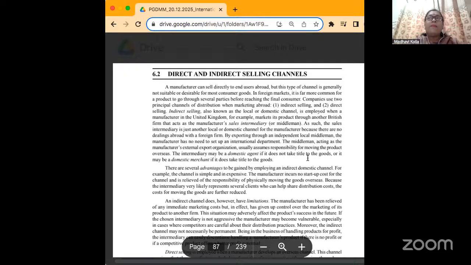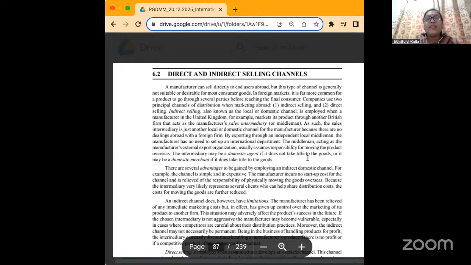So what companies mostly do is select two principal channels of distribution when marketing abroad. Within your own home country, the process may be different, but since we are focusing on international marketing, what are the two options available for a company? The direct and indirect selling channels. In a direct channel, the host country has middlemen, and the company leverages those middlemen, agencies or agents in the host country to sell their product.